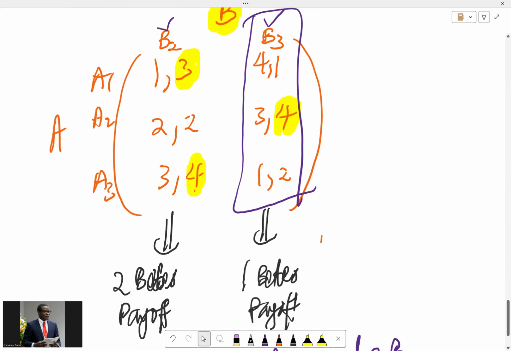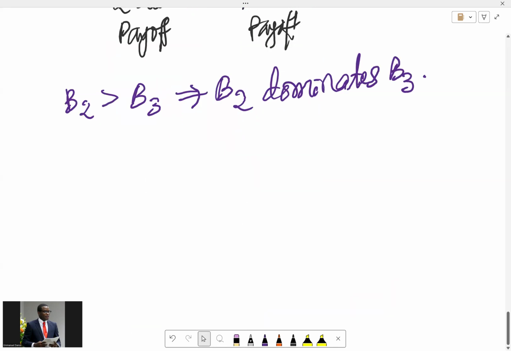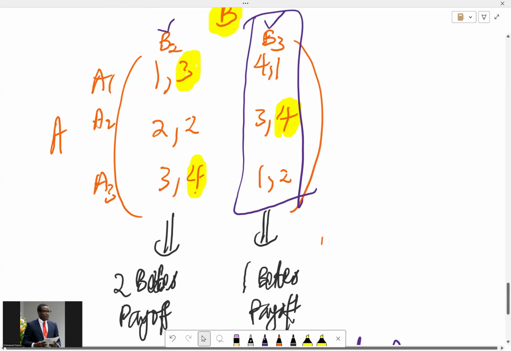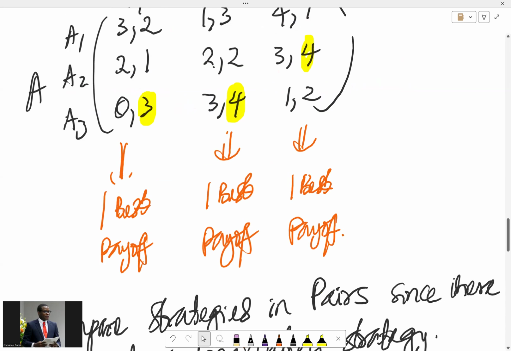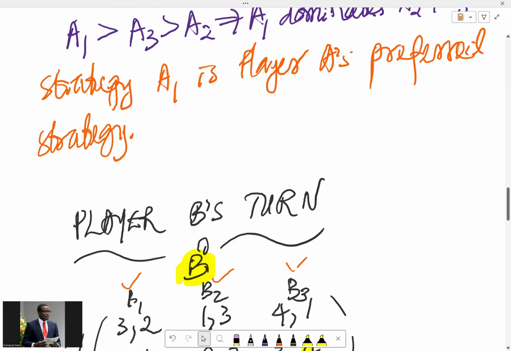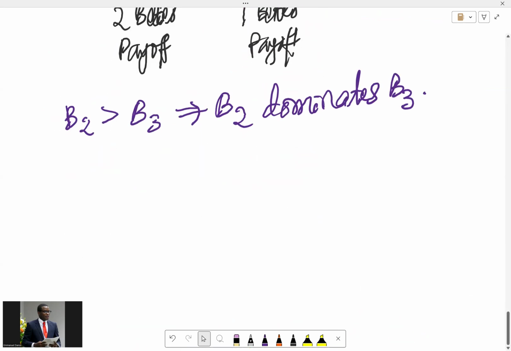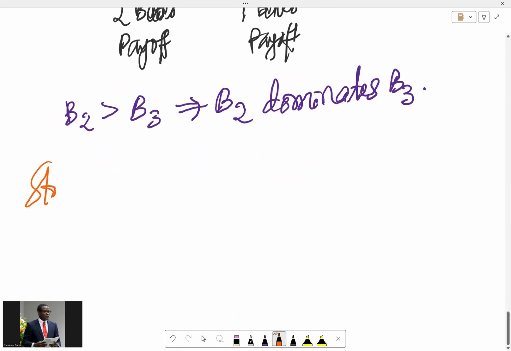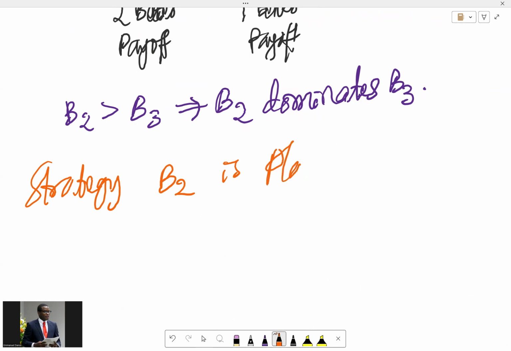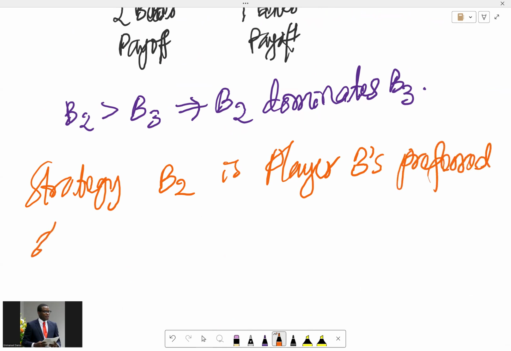So just like what we concluded for A, that strategy A1 is player A's preferred strategy, in this case strategy B2 is player B's preferred strategy. Okay.